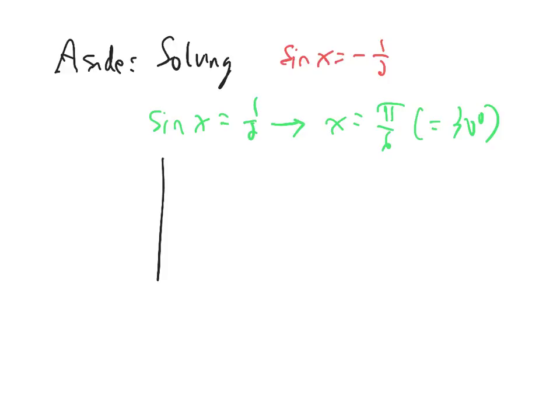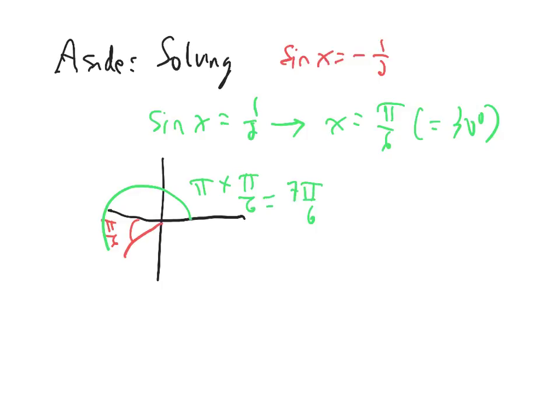So sine is negative in quadrants 3 and 4, and we should be down by pi over 6. So something like this is pi over 6, and I'm looking for that angle, which is pi over 6 past pi, so this would be pi plus pi over 6, which of course is 7 pi over 6.